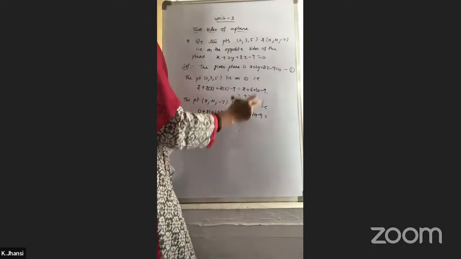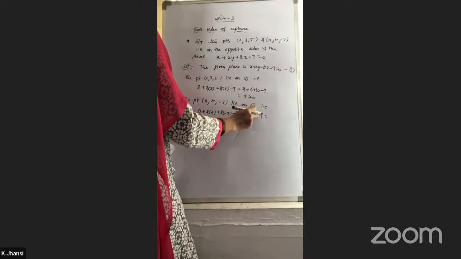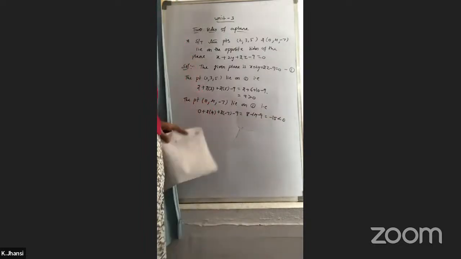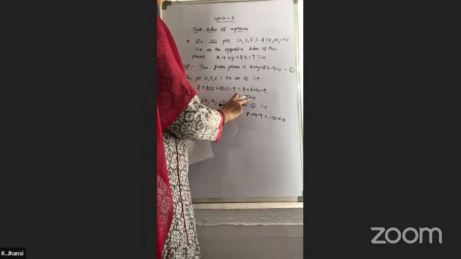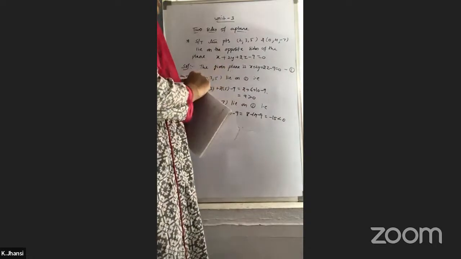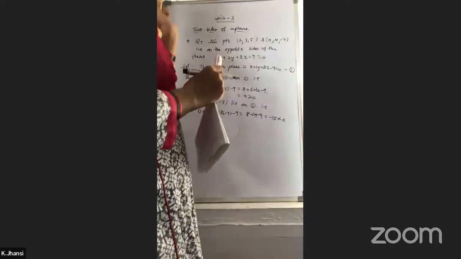You will get a negative value. So minus 9, 8 means minus 1. It is minus 15, which is less than 0. So here we got a positive value, which is greater than 0, and a negative value, which is less than 0. So one is positive, one is negative. So the given 2 points lie on the opposite sides of the given plane.